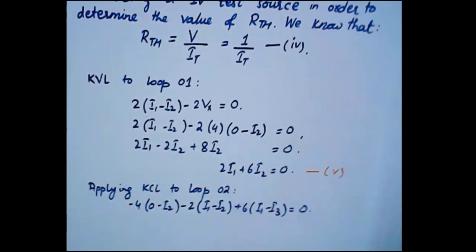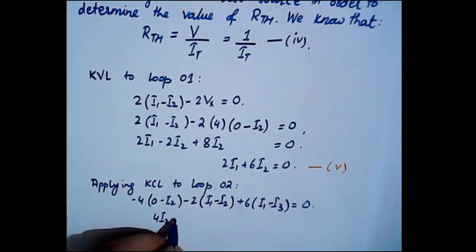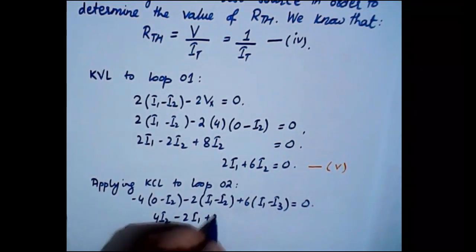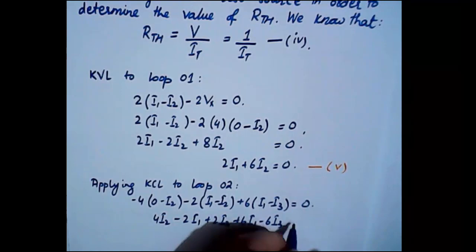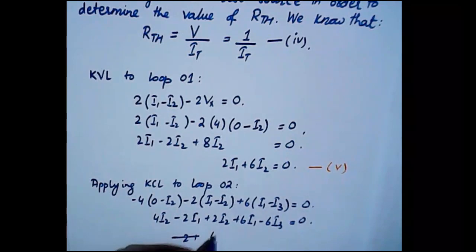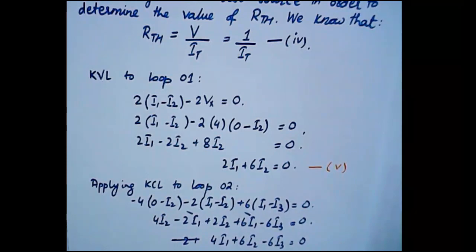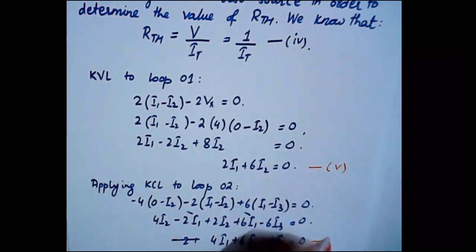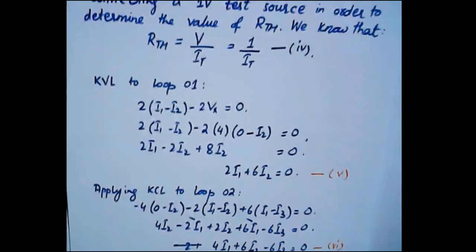So I hope this is clear now, and it will be 4I2 minus 2I1 plus 2I2 plus 6I2 minus 6I3 is equal to 0. Minus 2I1 plus 6I1 makes it 4I1. These two are done, and plus 6I2 minus 6I3 is equal to 0, and this will be our equation number 6, right?